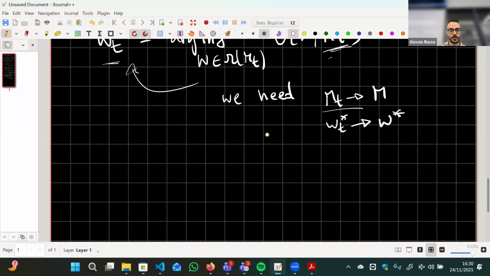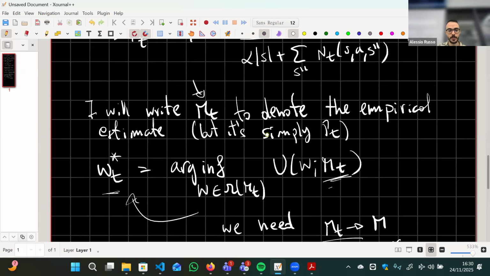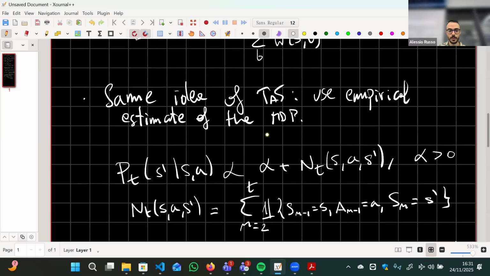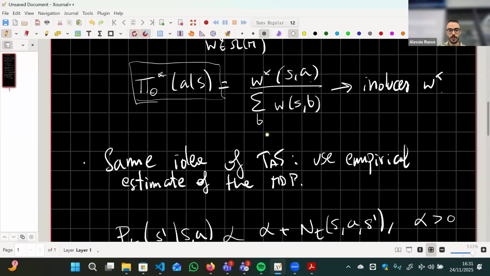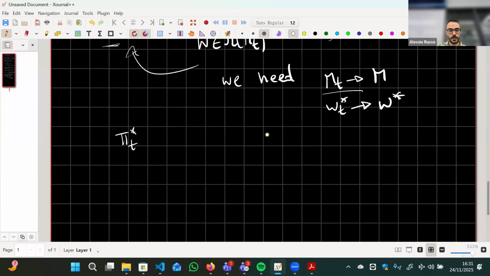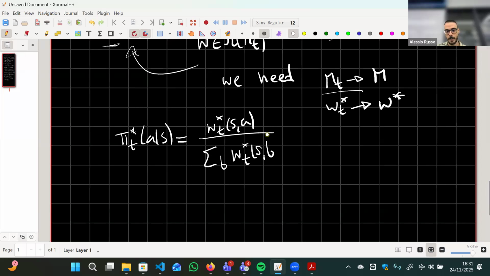So what we are going to do now is to define the optimal policy at time t, which is defined similarly to this one. So we're going to define this policy here, which is simply the ratio of w_t star(s, a) divided by the sum over actions of w_t star(s, b).